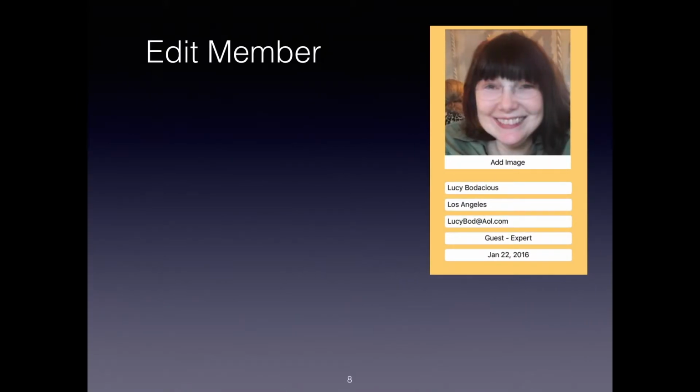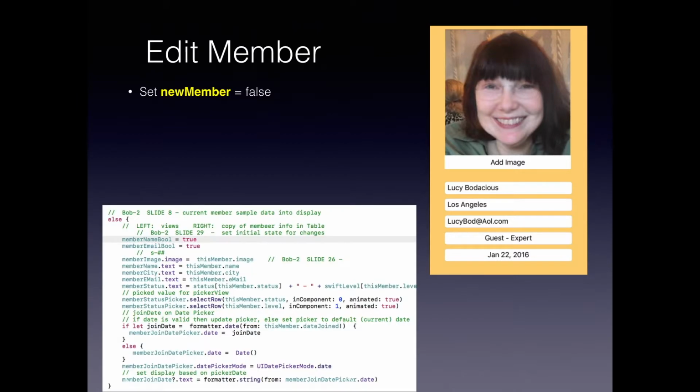And if we want to edit a member, we get a screen like this. Okay? We'll get a screen with a picture. We'll get a screen with a name and all of that information. And all of that, we simulate this by setting the bool to false. And then it goes into the else part of the logic.